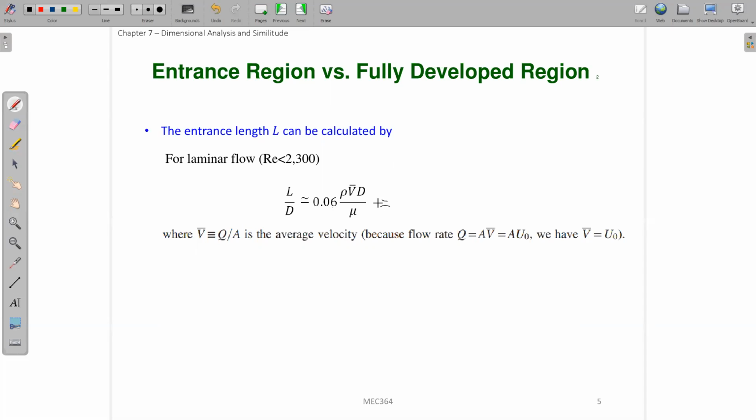Here the Reynolds number is rho times V bar times D over mu. The bar on V means that this is the mean flow velocity.